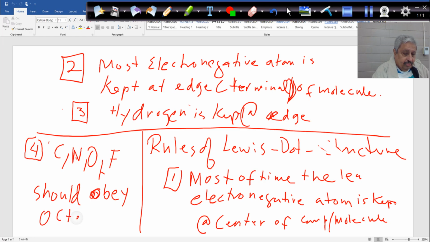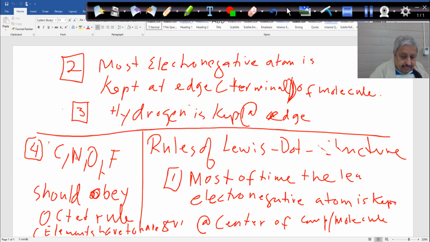We talked about the octet rule. So they have to have 8 to mimic the configuration of a noble gas. So these elements have to have 8 valence electrons, like a noble gas.